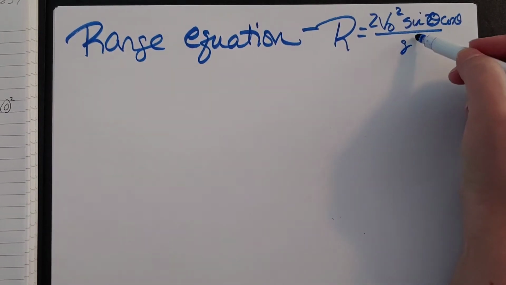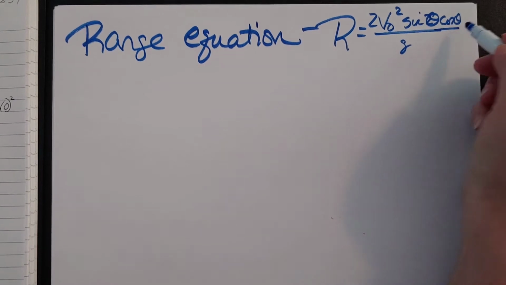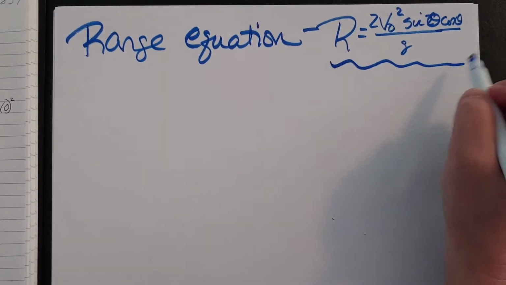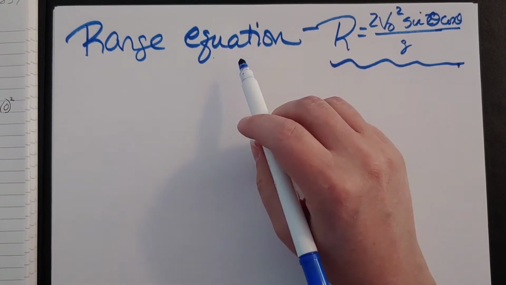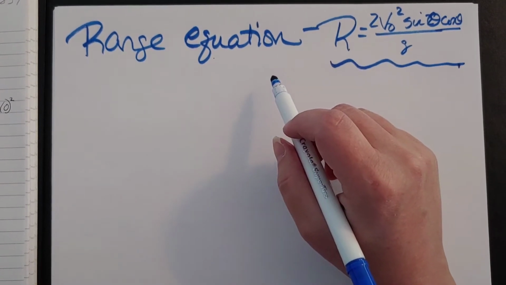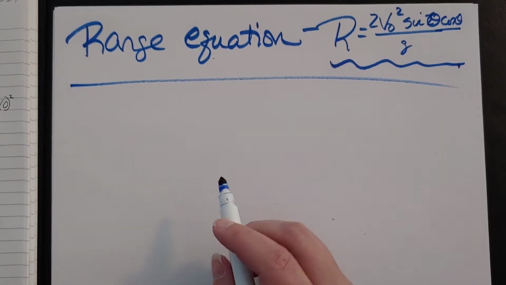This is not a useful thing to use your neurons on. You'll find this in books, but what is much more important is that you know how to derive this. So do not ever memorize the range equation, because you're never going to be asked to just give me the range of something. You're always going to be asked to derive it. All right, that is random thing number 2.